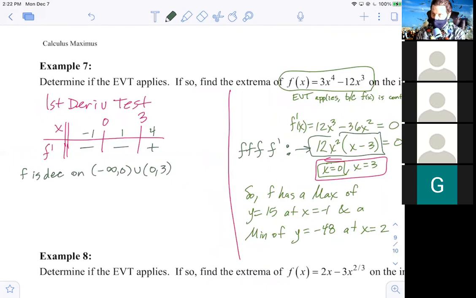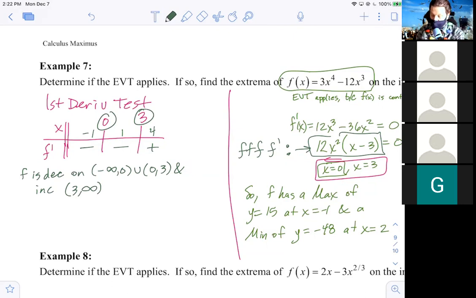It's actually monotonic decreasing through 0, but you could step over it, and increasing on the interval from 3 to infinity. Make sure when you come back and you answer the questions, you're using the critical values again, because those other x values we chose, those are just throwaway test values, okay?